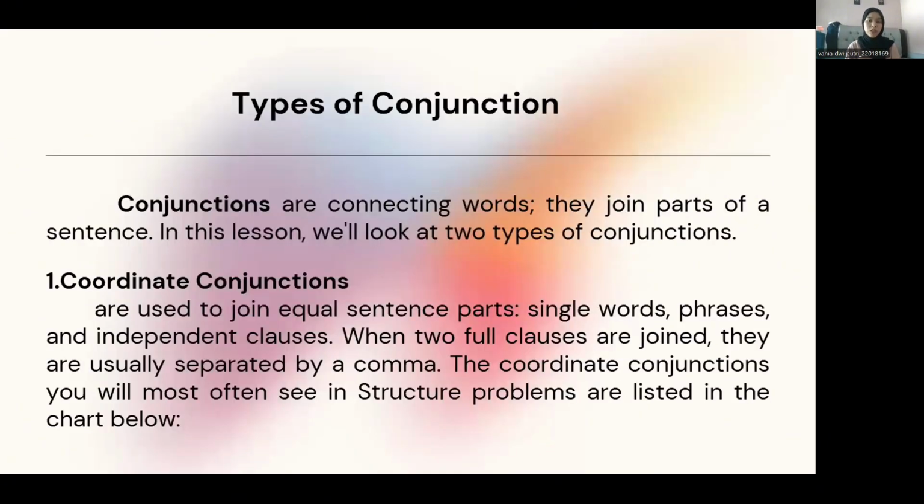Now, types of conjunction. Conjunctions are connecting words. They join parts of a sentence. In this lesson, we'll look at two types of conjunction. The first functions to join equal sentence parts: single words, phrases, and independent clauses. When two full clauses are joined, the ones you will most often find in structure problems are listed in the chart below.